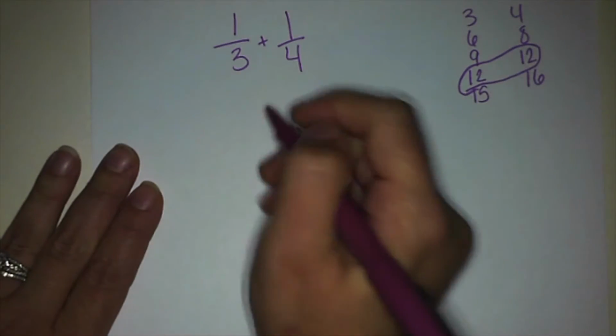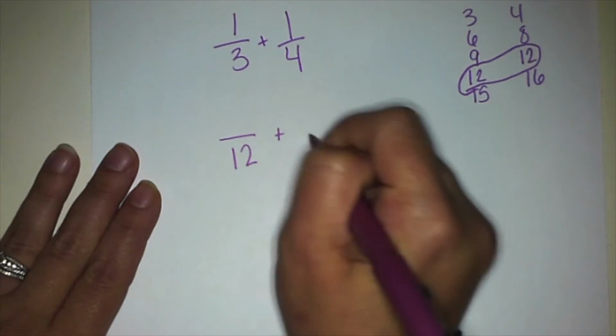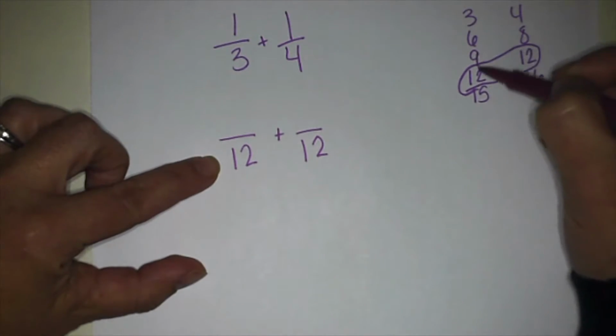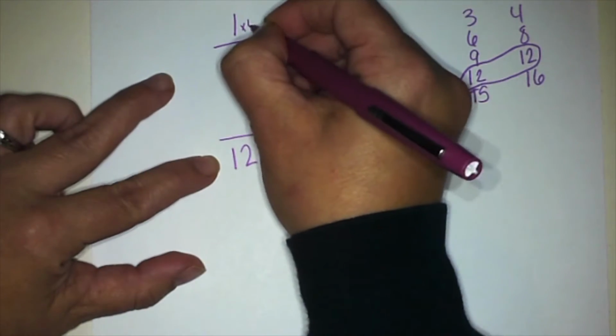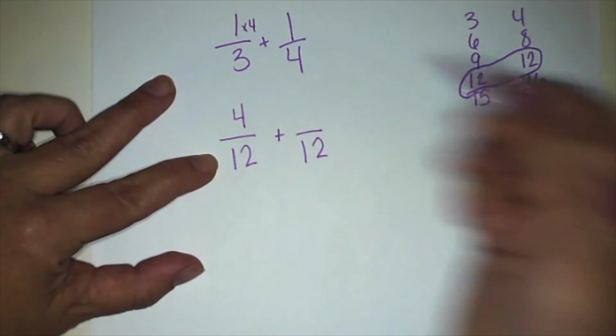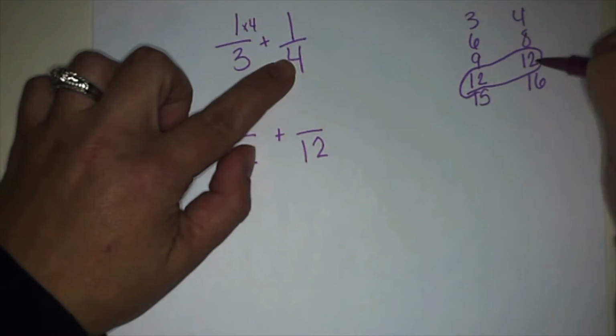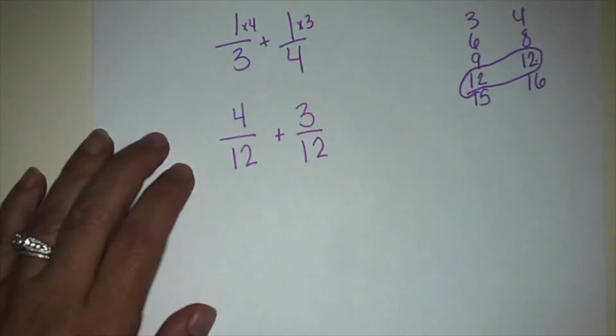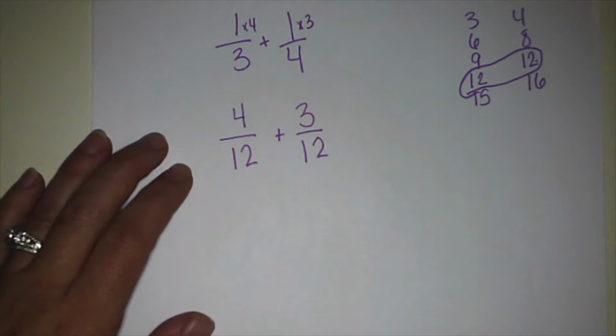So 12 is going to be my new denominator. To get from 3 to 12, I go 1, 2, 3, 4 times. So that means I need to multiply that top number by 4. From 4 to 12 is 1, 2, 3 times. So that means I also have to multiply the top number by 3. And now I have common denominators and I can add.